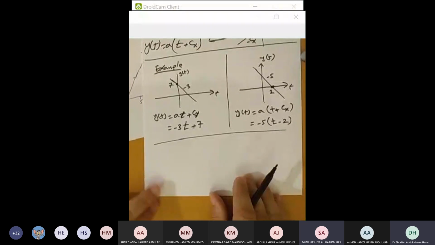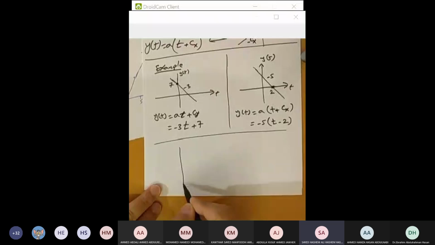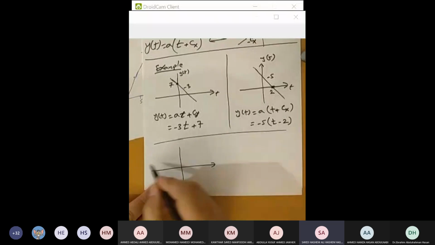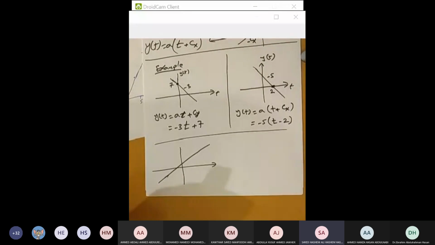Okay, third, if I don't have the slope and also no information about the y-intercept or x-intercept, but I have 2 points.